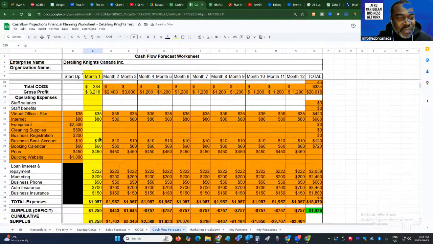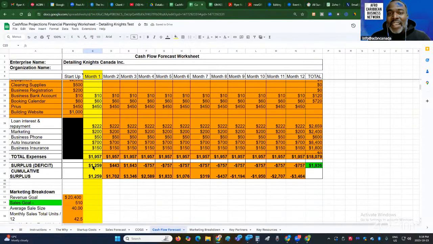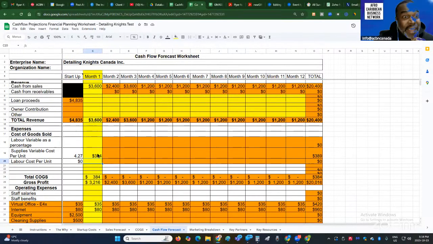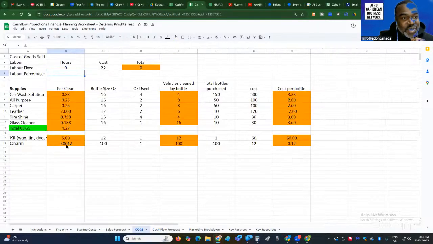Okay, so gross profit. If I could bust my butt every single day or every month and clean 90 cars, we'd be able to have a bit of a profit. But we all know the cost of material changes with the number of cars cleaned. Yeah, so it went up. You'll see the cost of goods sold is $4.27.